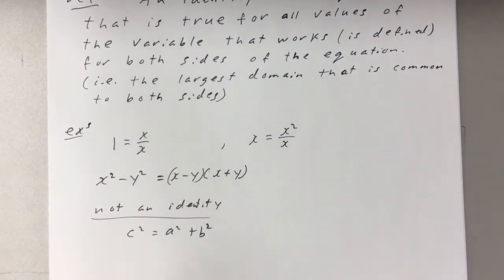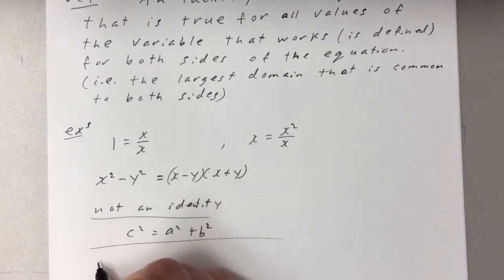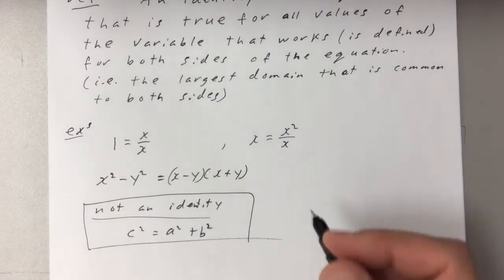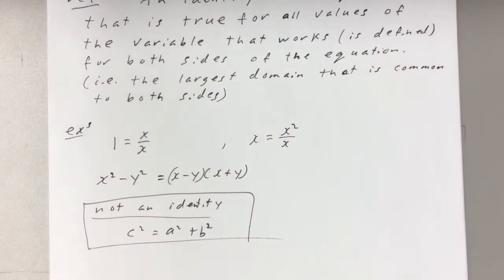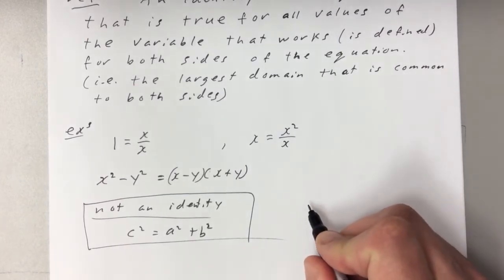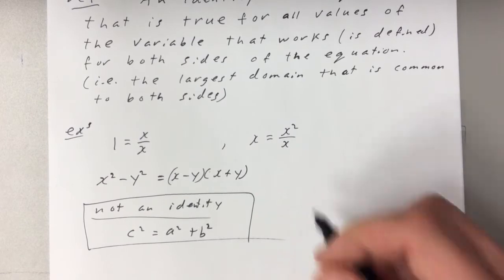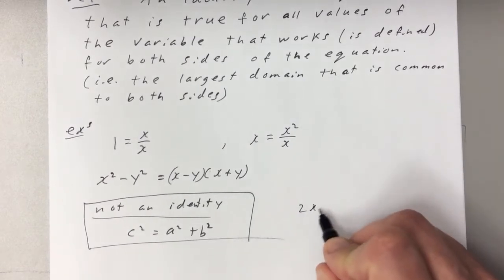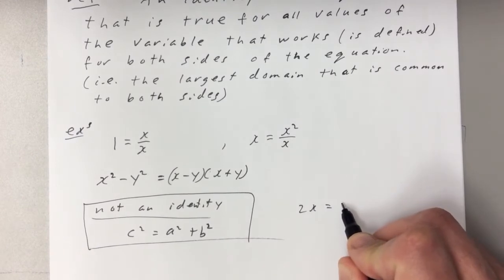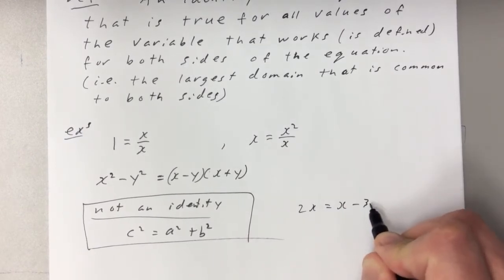Now, we're going to look at some trig identities. Okay, so now for the trig ones, so this is a non-identity. Anything that's only true for specific cases is not an identity. For example, 2x equals x minus 3.